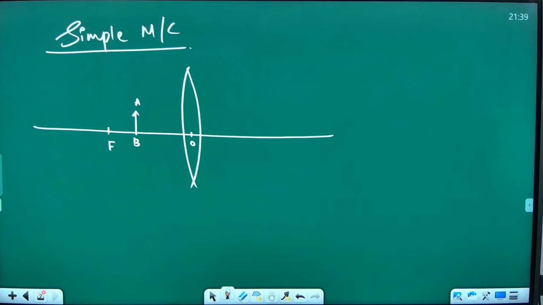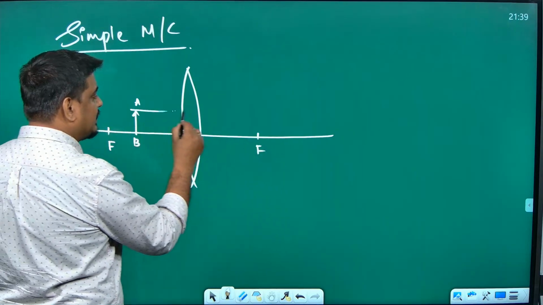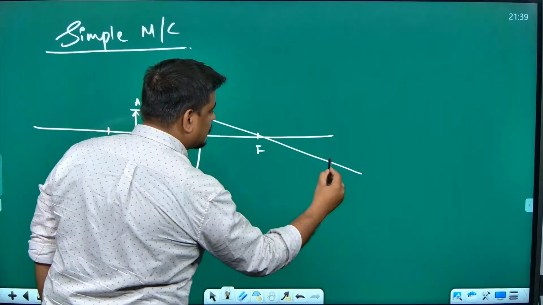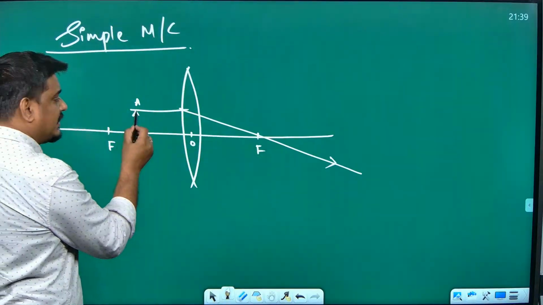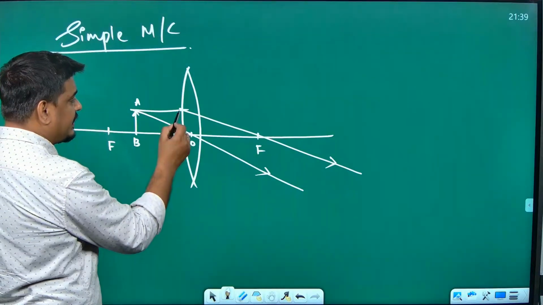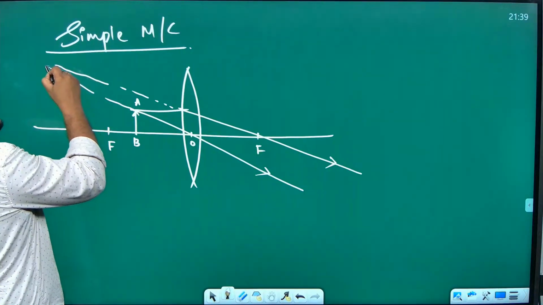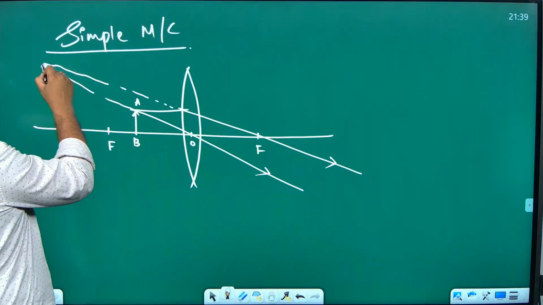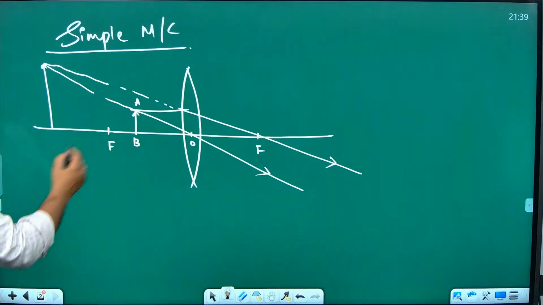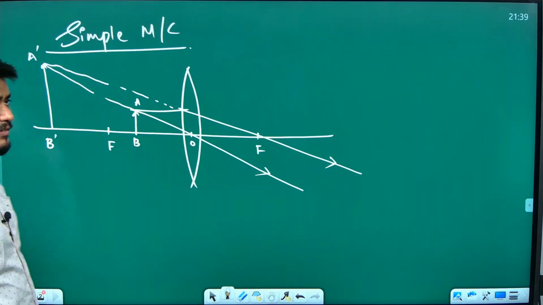Now I am going to draw the ray diagram. One ray goes like this, converges and passes through the focus. The second ray goes through the optical center and goes undeviated. If I extend them in the back side, they both meet at a point, and this is the point where the image is formed. So AB becomes A dash B dash. Do you agree with me?